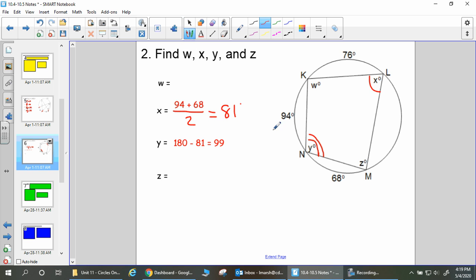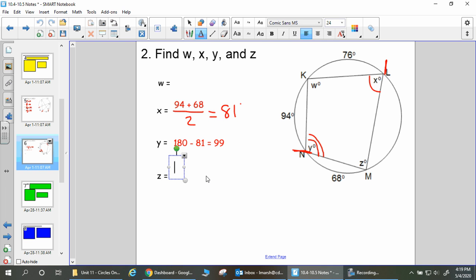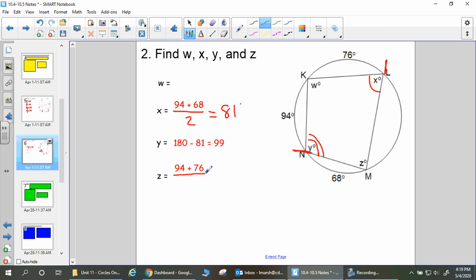If I follow my sides to find Z, Z is here and here. So Z is going to use the 94 and the 76 in this case. And so again, we're just going to take those and divide them by 2. So putting them together, you get 170.